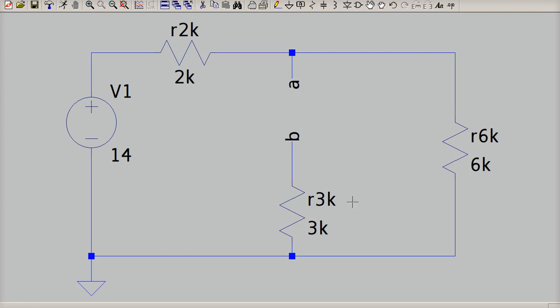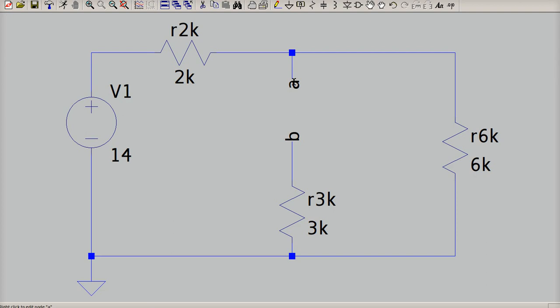So if I have no current through the 3K, Ohm's law tells me that my voltage drop across my 3K is 0. So basically I need the voltage between this side of the 6K and this side of the 6K of a simple series circuit. That will be my Thevenin voltage. Once I have my Thevenin voltage, then I need my Thevenin resistance.